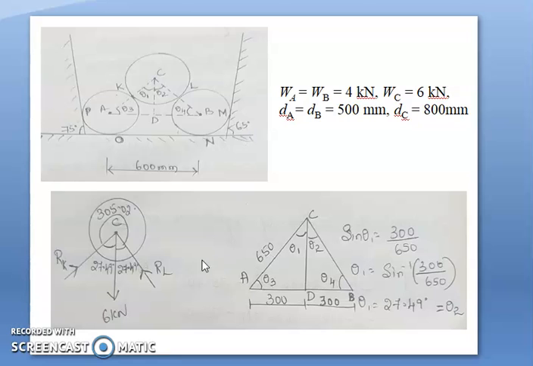So now we need to calculate this theta 1 and theta 2, and we know the overall distance is 600 mm. So AD is nothing but 300 mm, and again DB is nothing but 300 mm.